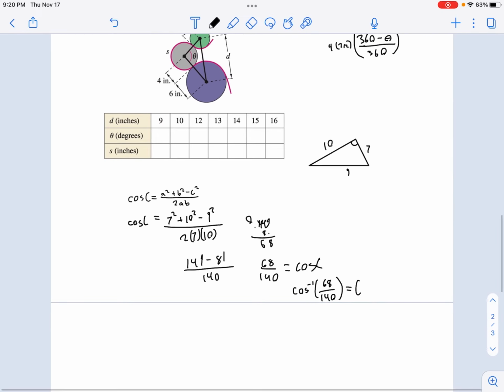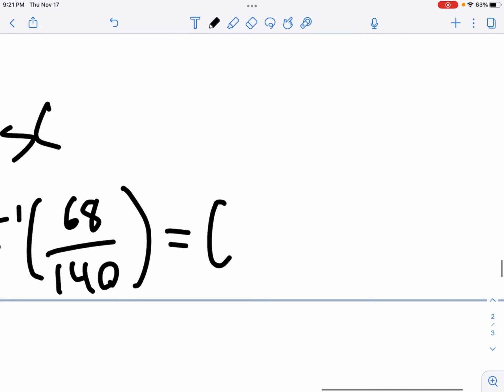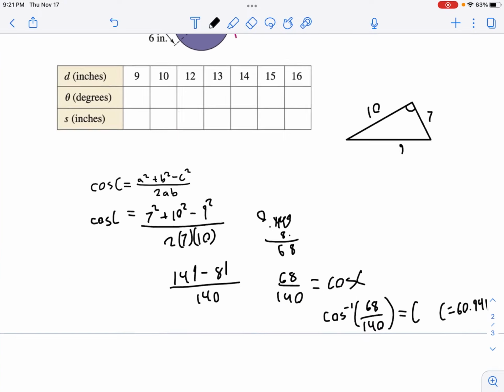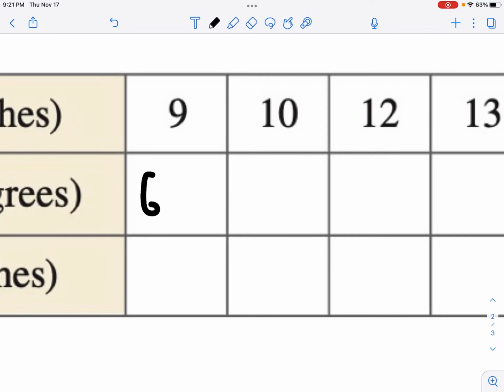And here, I'm going to put that in the calculator right now. It's going to be 60.941. We'll just put 60.94. That's easier.